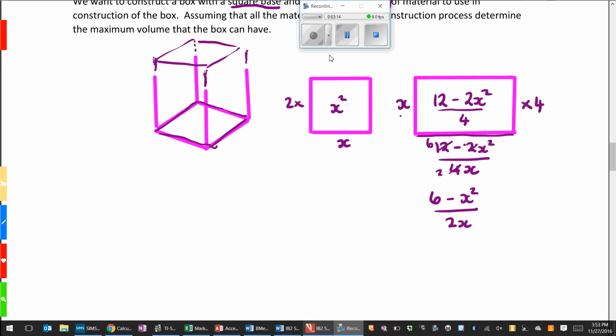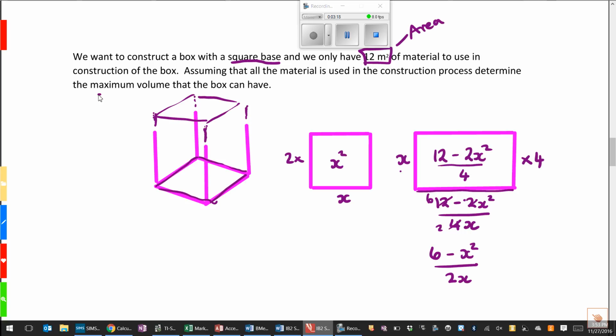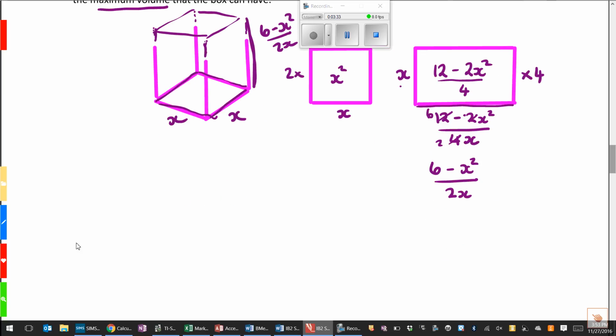So now what we've got to do is go back and find the maximum volume. I found the dimensions, so we think x, and this height here will be 6 minus x squared over 2x. So the volume will be those 2 multiplied together. x times x is x squared, and we multiply by 6 minus x squared over 2x.